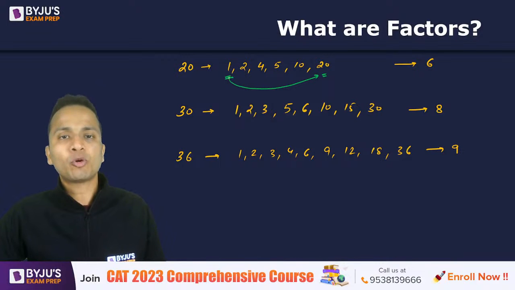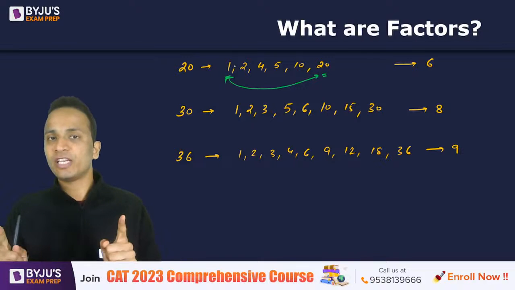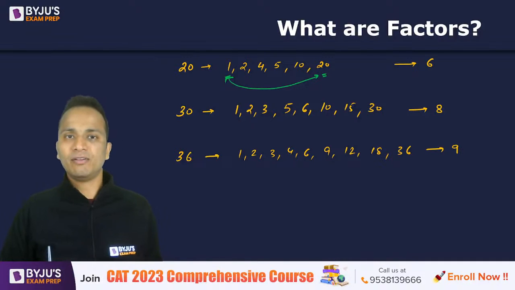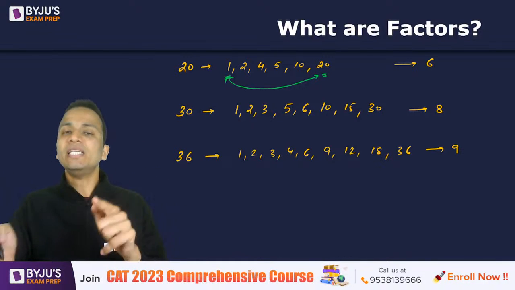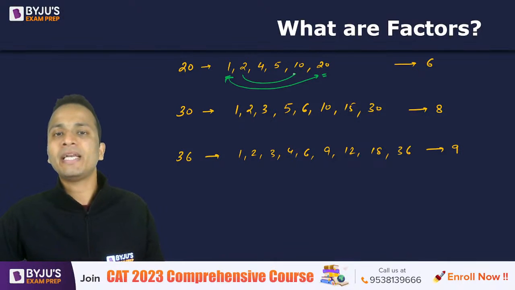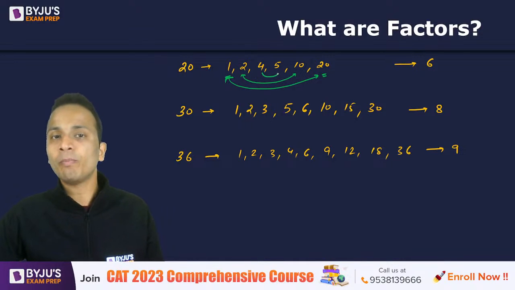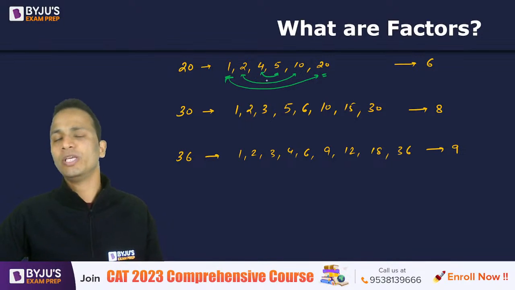The product of the smallest and the largest factor of the number will be the number itself. So 1 into 20 is equal to 20. Then 2 multiplied by 10 is also equal to 20. Then 4 multiplied by 5 is also equal to 20.